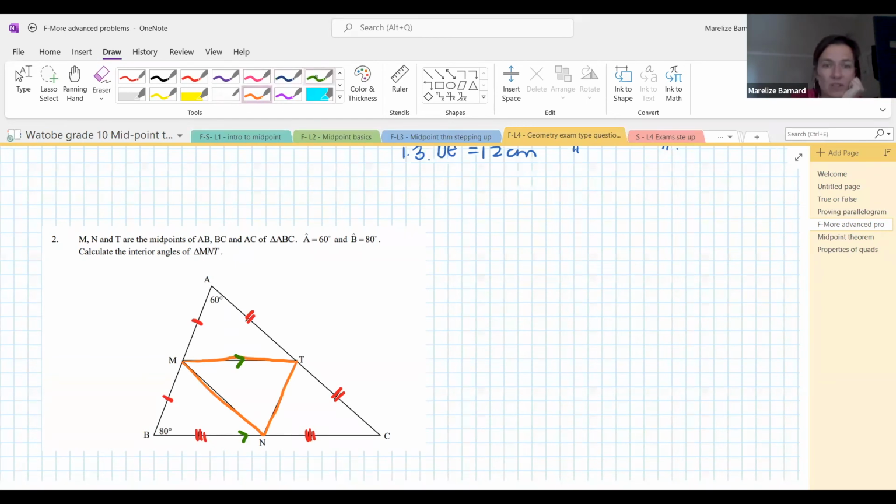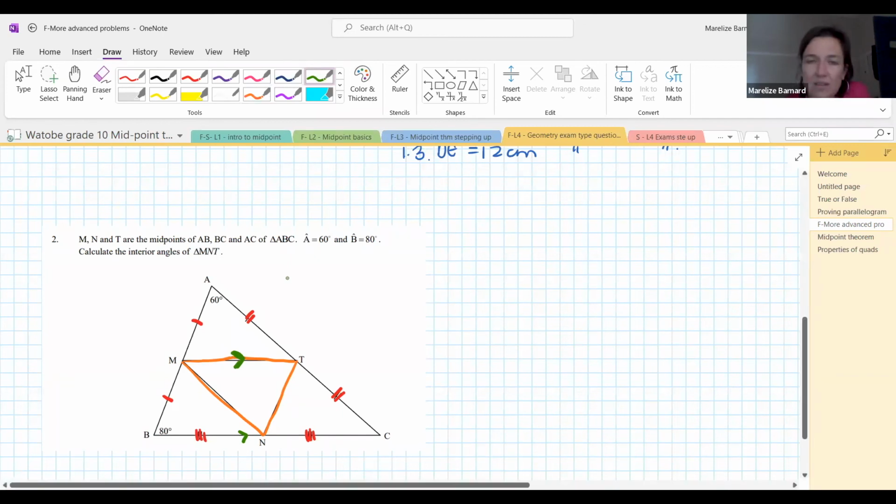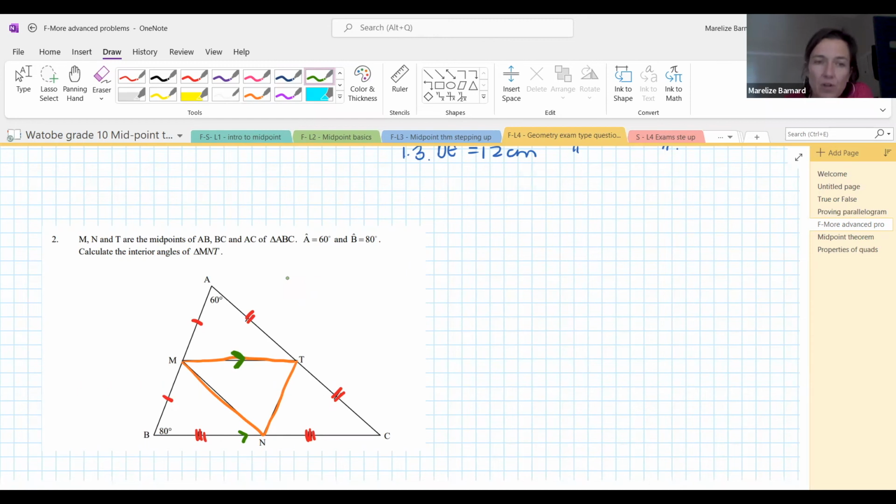This is a nice question. I think we should all be able to do it. It's definitely not as difficult as it looks. Okay. So let's give it a go. Let's start with angle C. If you don't know where to start, always start with what is given and try and find another angle that's equal to the one that is given, or use your angles that are given to calculate other angles.